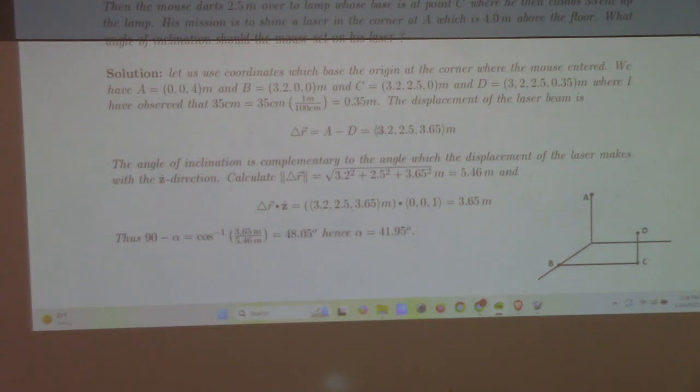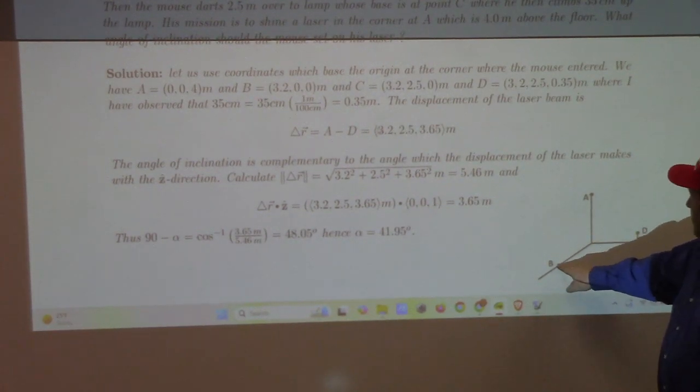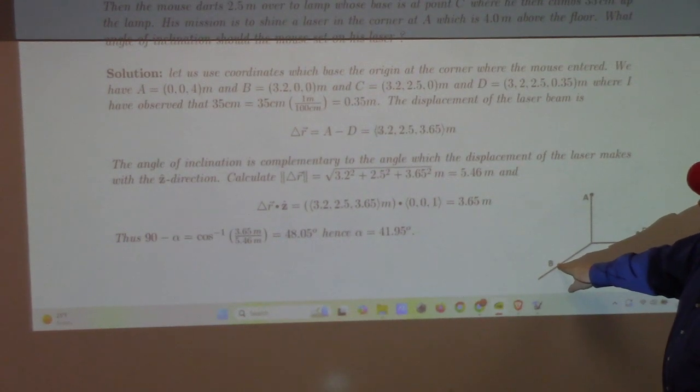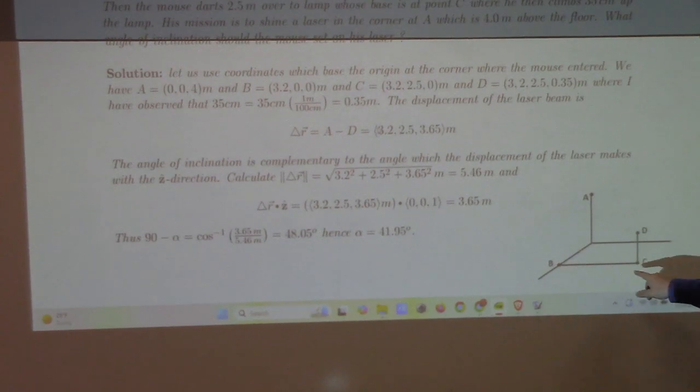The mouse then sneaks along the wall a distance of 3.2 meters, all right, to a point B, which is as pictured. And then the mouse darts 2.5 meters over to a lamp whose base is at point C, and he climbs 35 centimeters up to the lamp here, right?